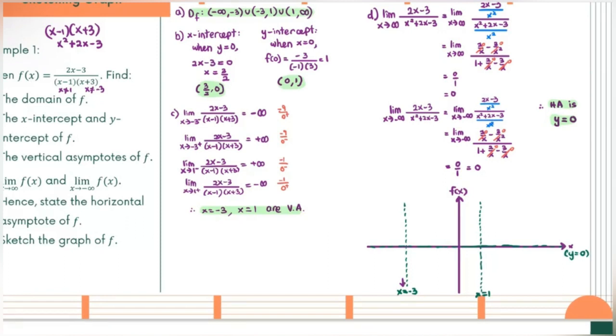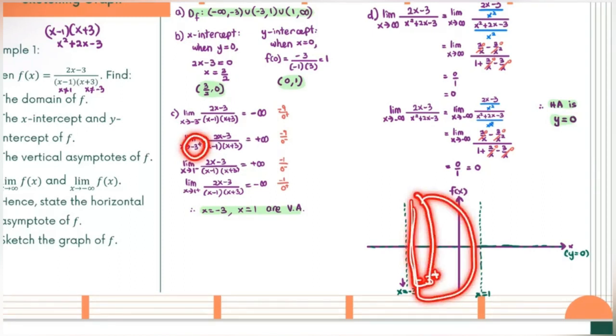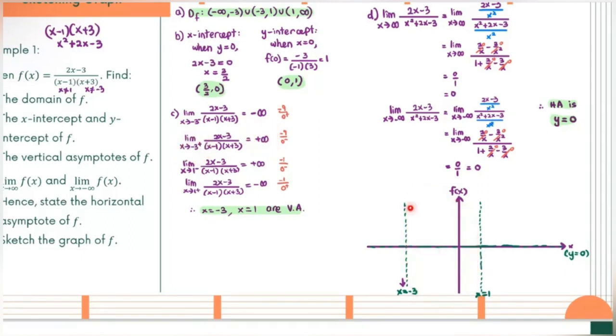Okay, so ini adalah kawasan untuk negative infinity lah. So bila -3 from the right, dekat bahagian sini, area sinilah yang dekat dengan -3. So the value of our y adalah positive infinity. So positive infinity kat mana? Dekat atas ni. So saya buat arrow dekat atas ni.